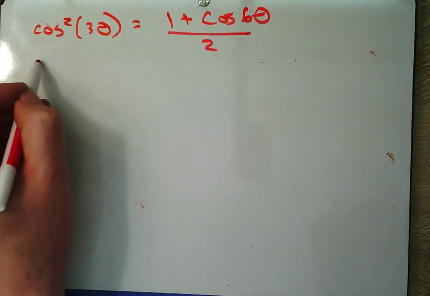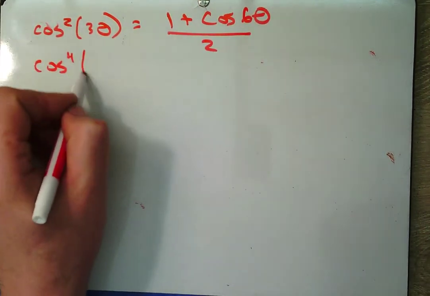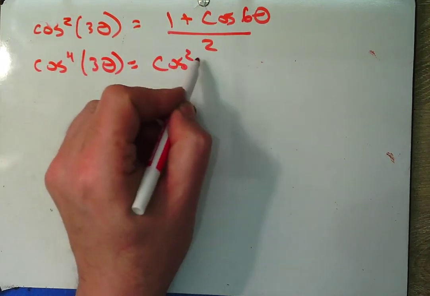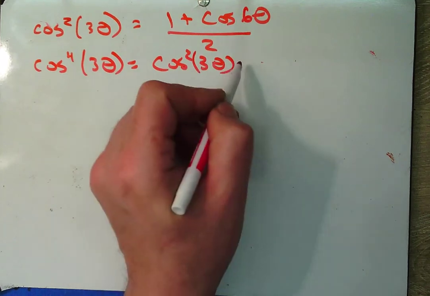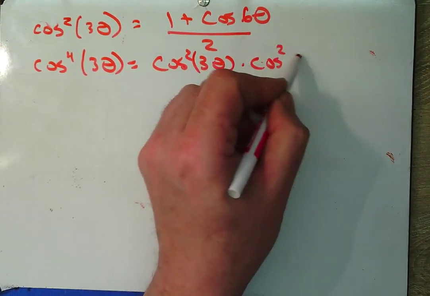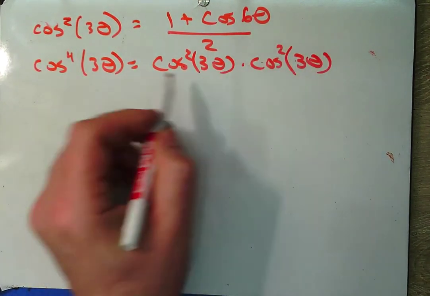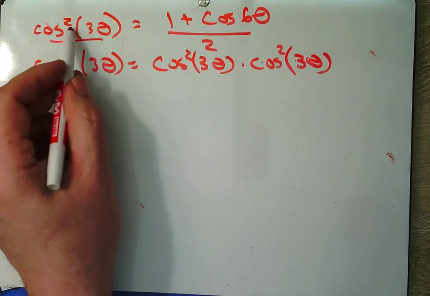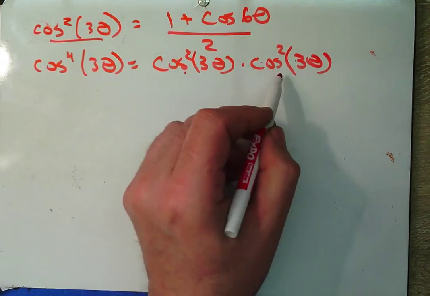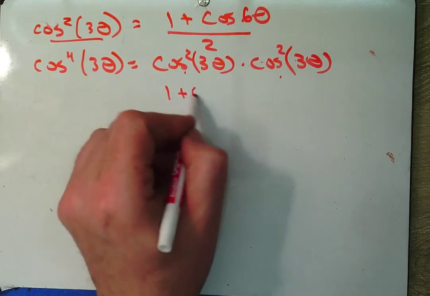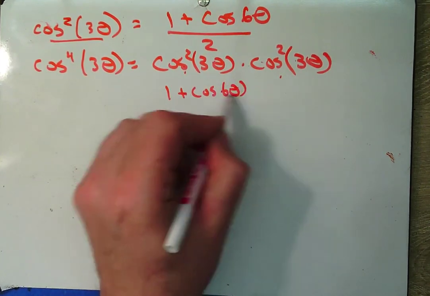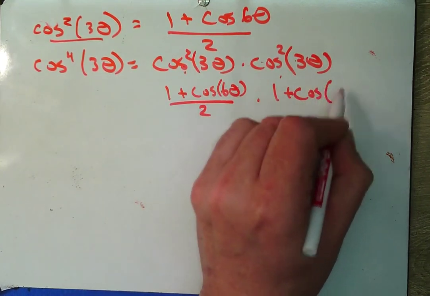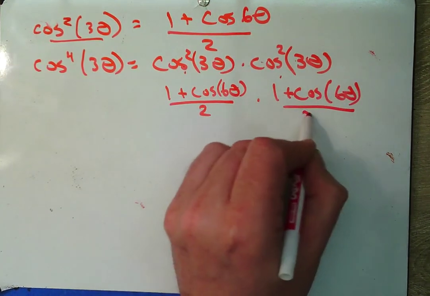Now if I had cosine to the 4th 3 theta, that's cosine squared 3 theta times cosine squared 3 theta. And so I want to use this cosine power reducing identity here and again here. So I'll have 1 plus cosine 6 theta over 2 times 1 plus cosine 6 theta over 2.